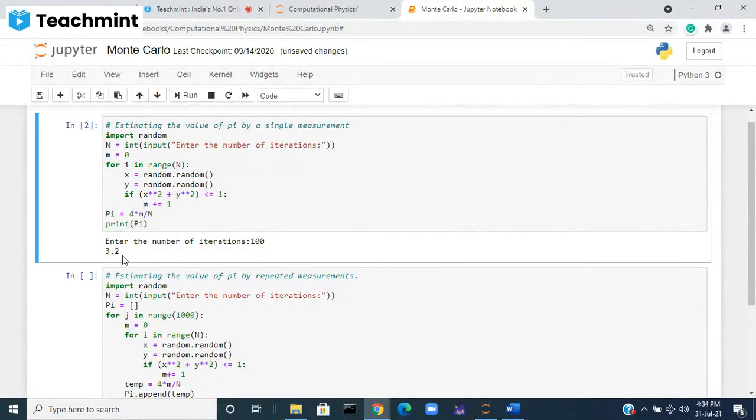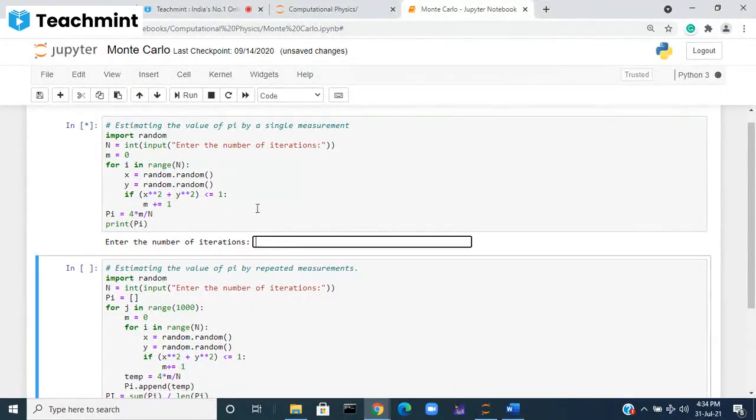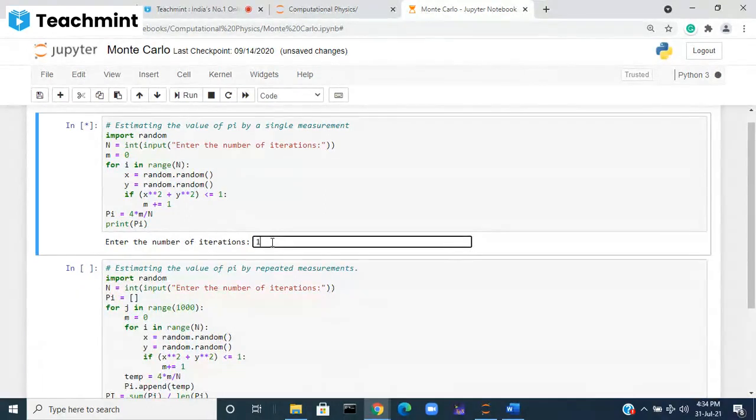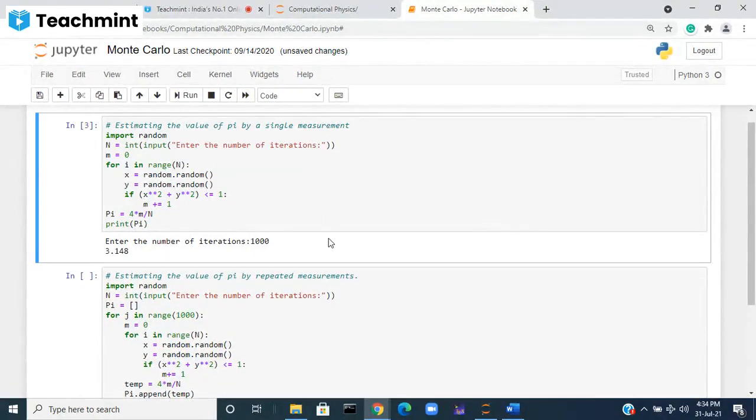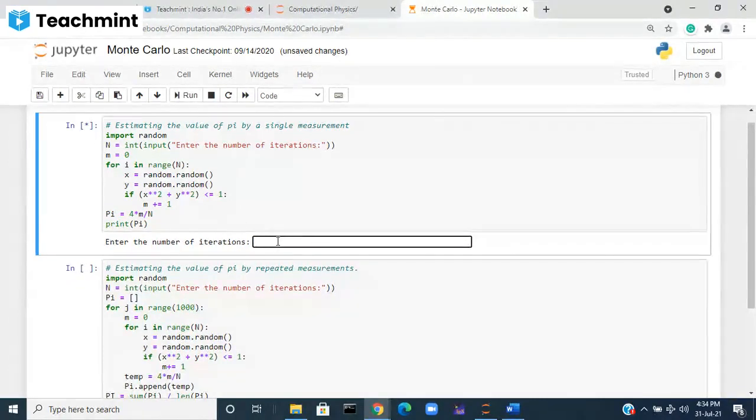That may be by chance. Let us run it again, and let us iterate it for 1000 times. Enter. Now I get a better answer, 3.148. If you increase the number of iterations, so let us run it for 10,000.